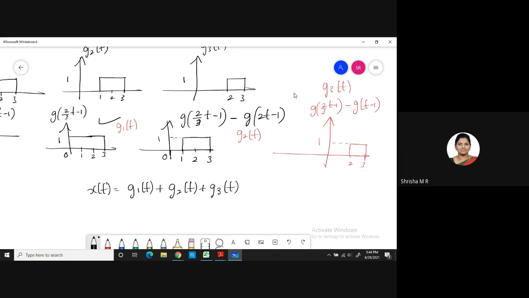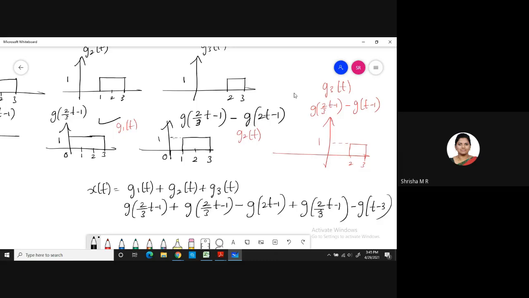Okay, G1 of t plus G2 of t plus G3 of t is nothing but G of 2 by 3t minus 1 plus G of 2 by 3t minus 1 minus G of 2t minus 1 plus G of 2 by 3t minus 1 minus G of t minus 1. Correct? These 2 by 3 terms you have 3, so we'll get 3 times G of 2 by 3t minus 1.